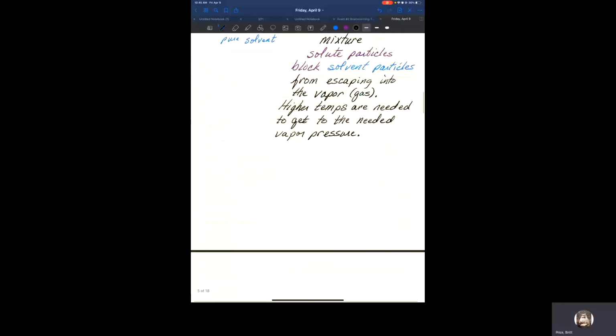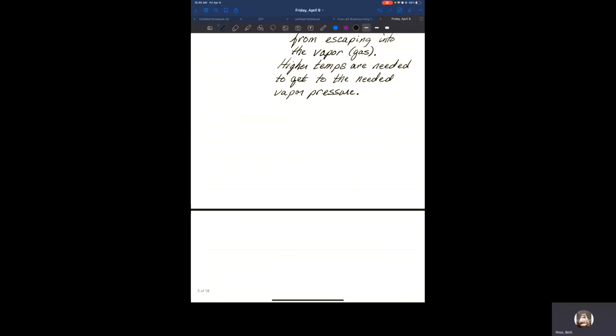Okay, so the second one is freezing point depression. Okay, it is not technically true to say that salt melts ice.